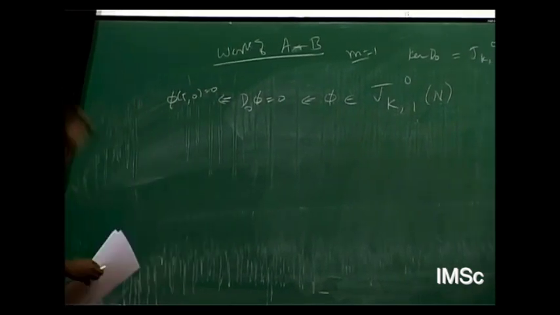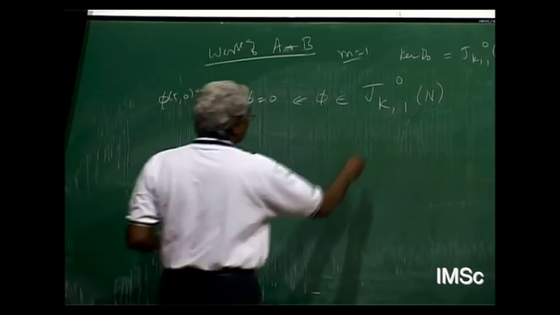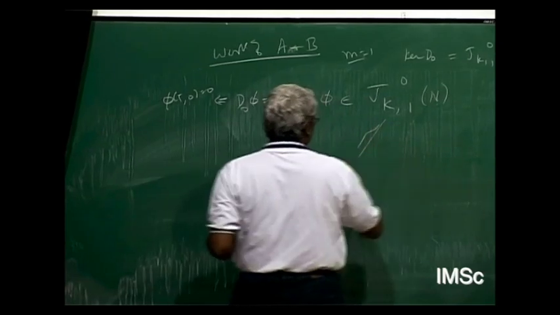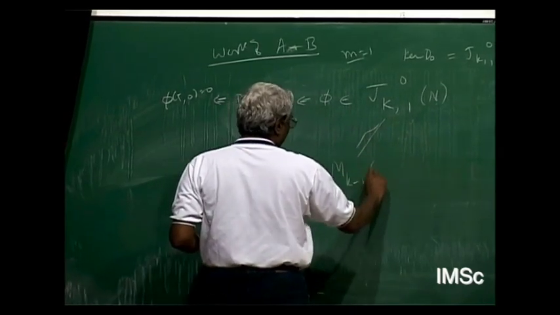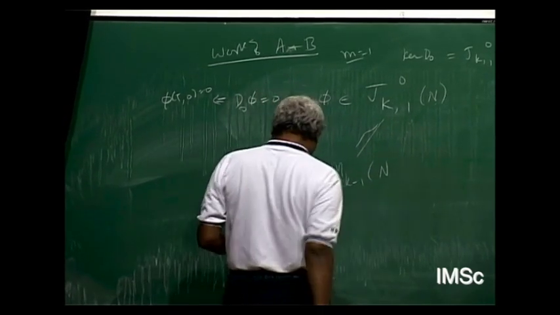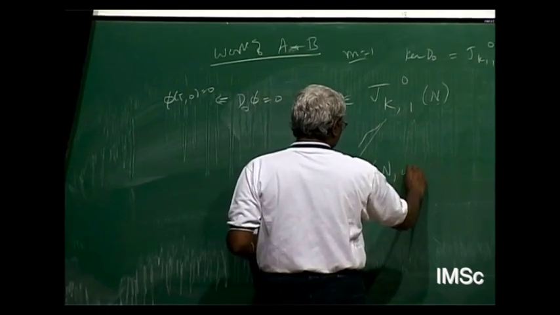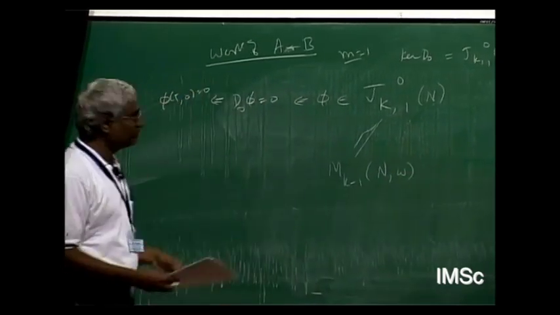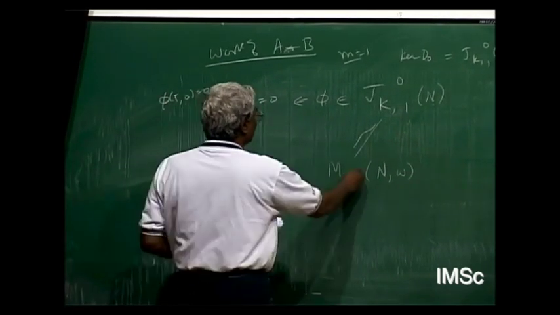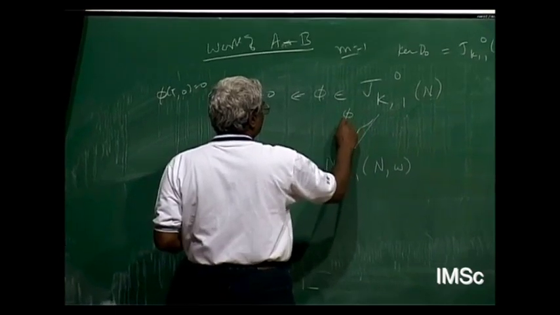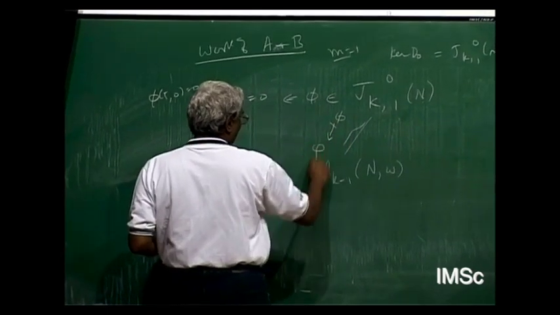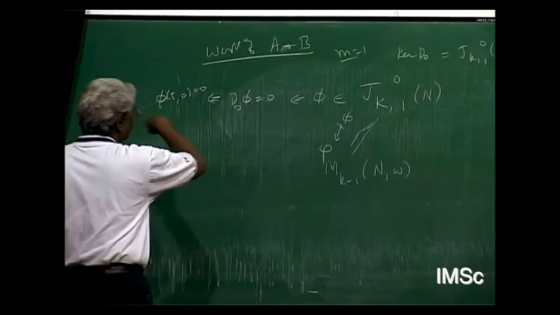By using this observation, they gave a mapping. They found a modular form whose weight is k minus 1 and the level is N with some character. So from there you can just give a mapping phi goes to the form coming out of this.